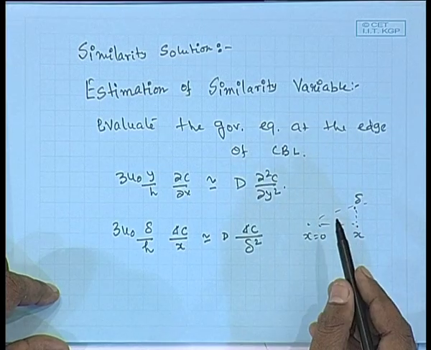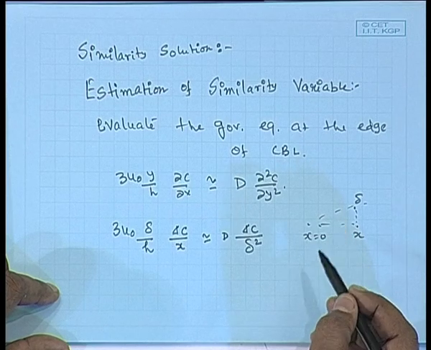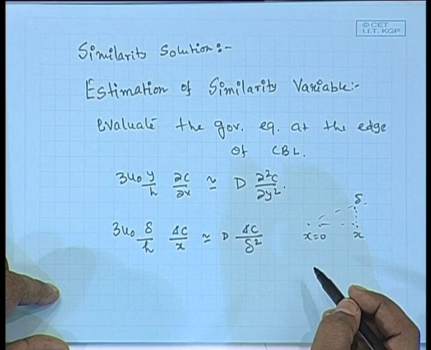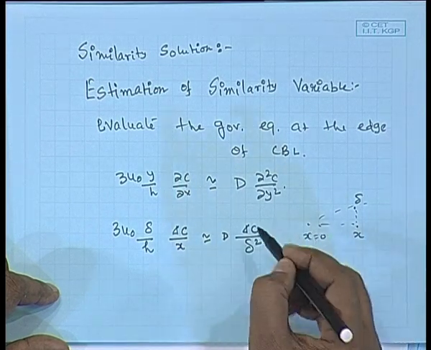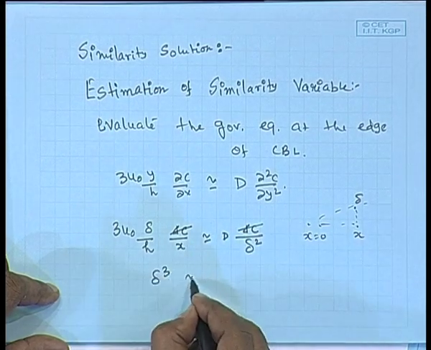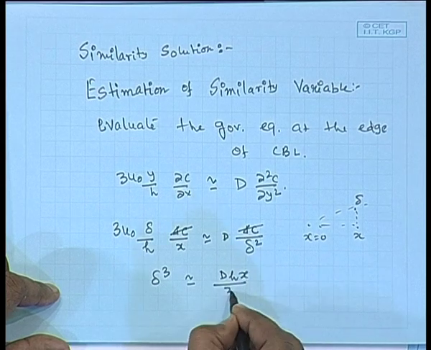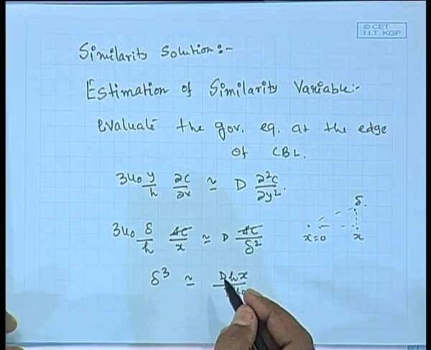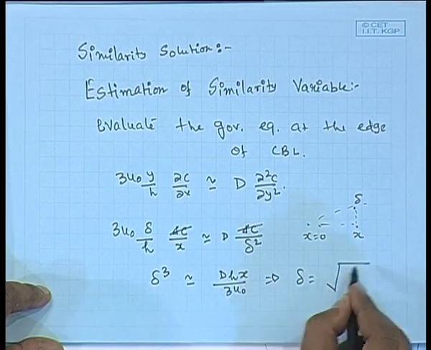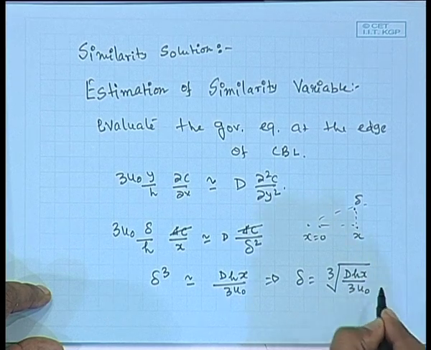You said del c del y is 0 at y equal to delta, but that does not mean that the second derivative will be vanishing. So, delta c will be gone, and delta cube is roughly equal to dh x by 3 u0. So, delta will be the cube root of dh x by 3 u0.